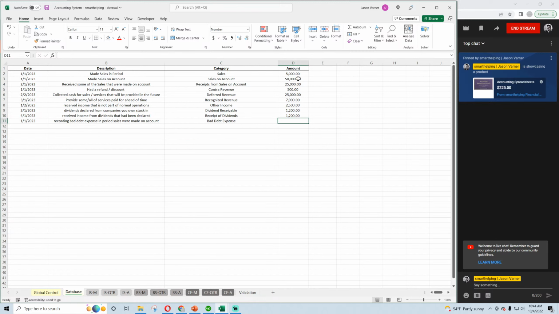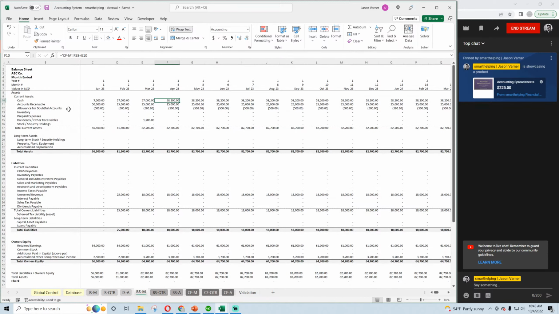Let's say these $50,000, we think $500 is not going to be collected. That is going to then accrue to allowance for doubtful accounts as a contra asset.